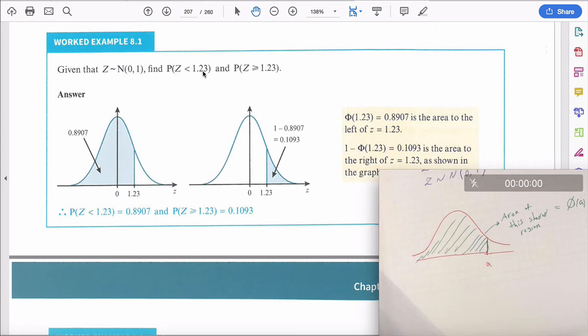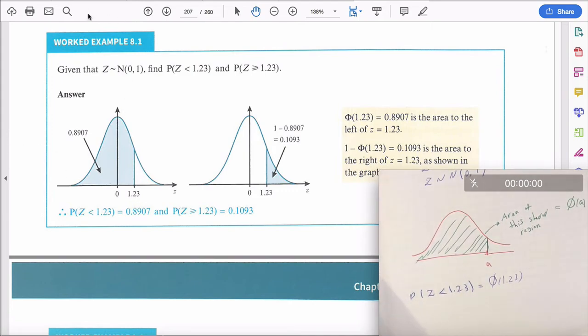Probability of z less than 1.3 means all the variables before 1.3. So it is this region. Probability of z less than 1.3 will be phi of 1.3, because phi of 1.3 means the area under the graph before 1.3. It is exactly the same thing, and you see in the diagram.